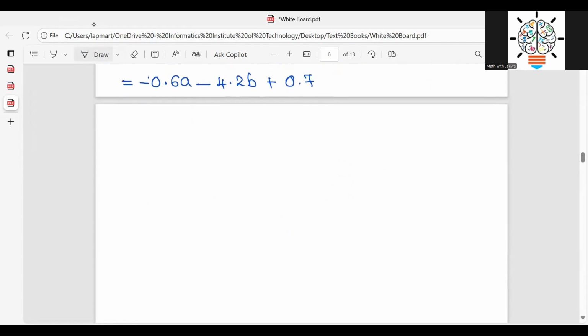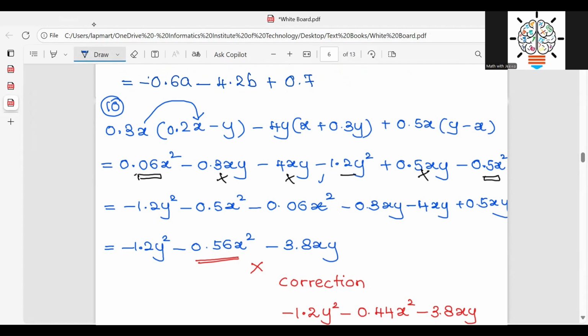The last one, you just see that we have so many steps here. 0.3x, I'll start from this corner, 0.3x and 0.2x minus y. Then subtract 4y and x plus 0.3y and then plus 0.5xy minus x. Okay. So then here 0.3 times 0.2. So what will be the answer?